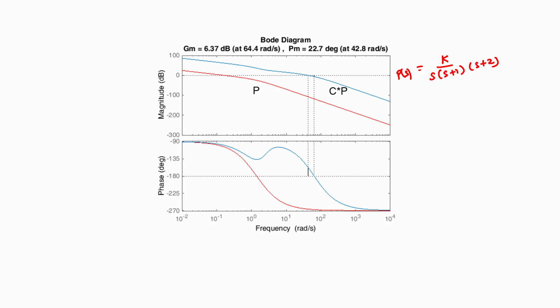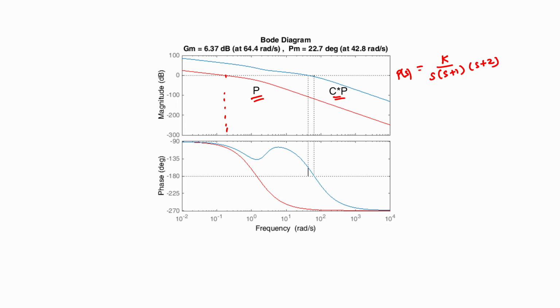To understand this question, I have plotted the Bode plots of the plant alone, shown as the red trace in this graph, while the blue trace shows the Bode plot of the feedback controller times the plant. If you look at the gain crossover frequency of the plant alone, it is quite small, close to about 0.2 radians per second.